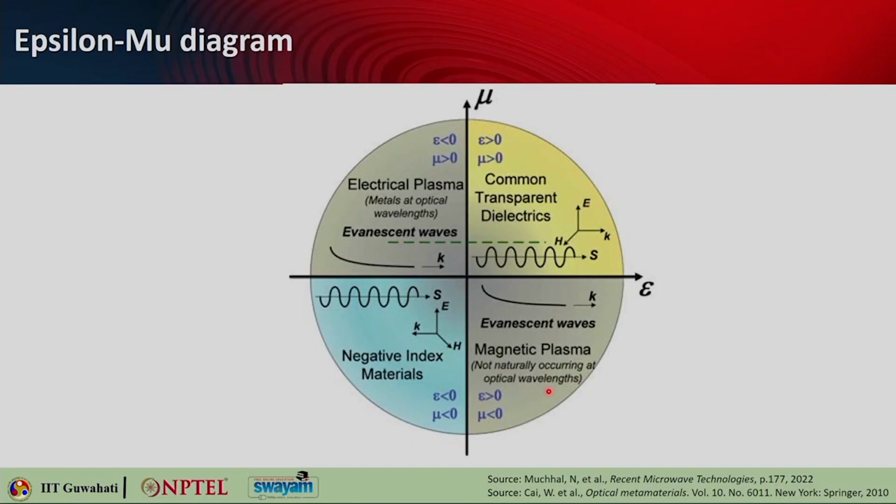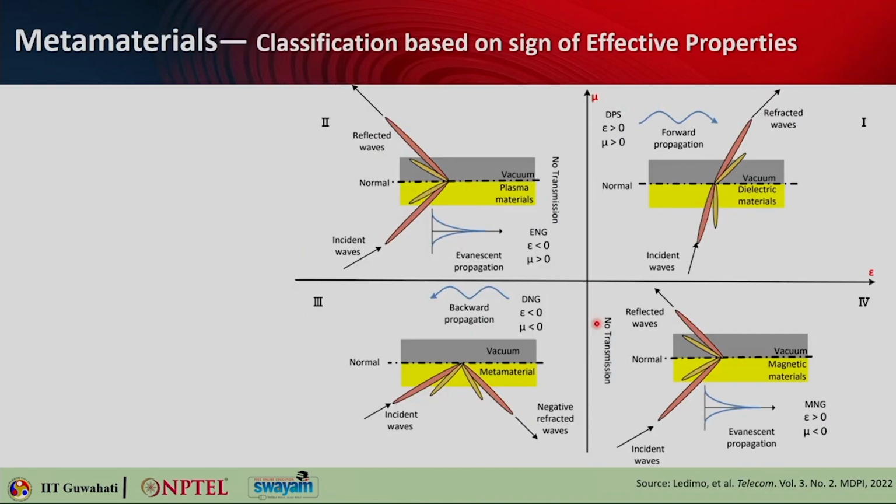The fourth quadrant is basically where epsilon is positive, but mu is negative. That is the case of magnetic plasma. That does not occur naturally at optical wavelengths. However, if it did occur, you would also have evanescent waves. To keep things simple, you can see here, when we talk about ENG, that is epsilon negative, that is the case of this one.